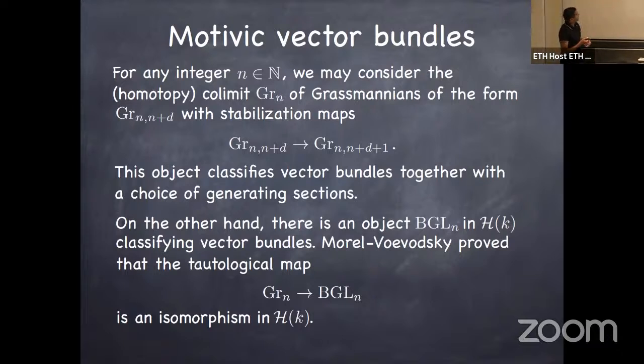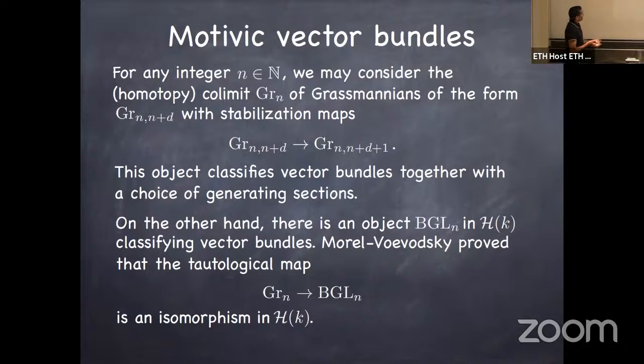All right, so there's an object which is the infinite Grassmannian, which is defined in the usual way as an increasing union of finite dimensional Grassmannians. That's a well-defined object in the motivic homotopy category, even though it's not a priori a smooth variety. On the other hand, there is a classifying object, BGL_n, and while these things are different as spaces in a suitable sense, there's an evident map from the Grassmannian to this classifying space, which classifies the tautological vector bundle.